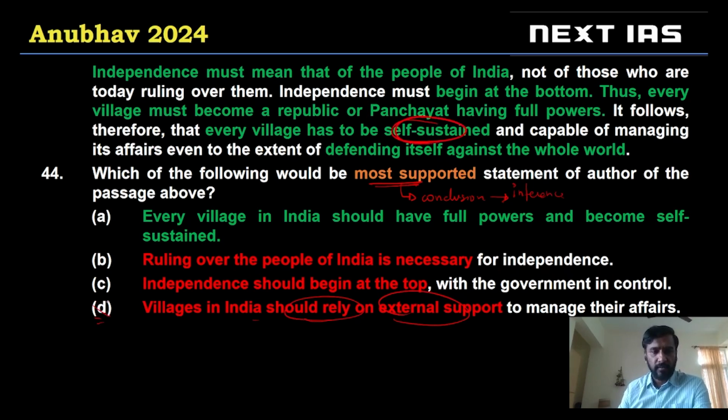So invalid, right? Independence should begin at the top. So it should begin at the bottom. So again, invalid. Ruling over people is necessary, invalid. Independence begins at the bottom. So every village in India should have full powers and become self-sustained. This is a very easy question. I expect all of us to get this right. A is the correct choice.